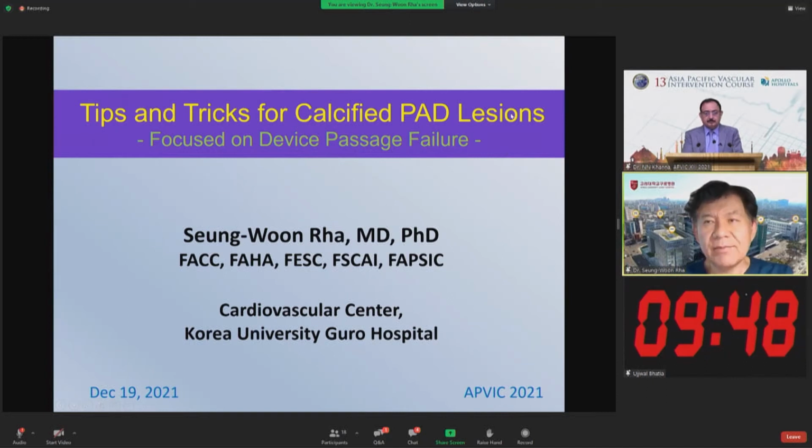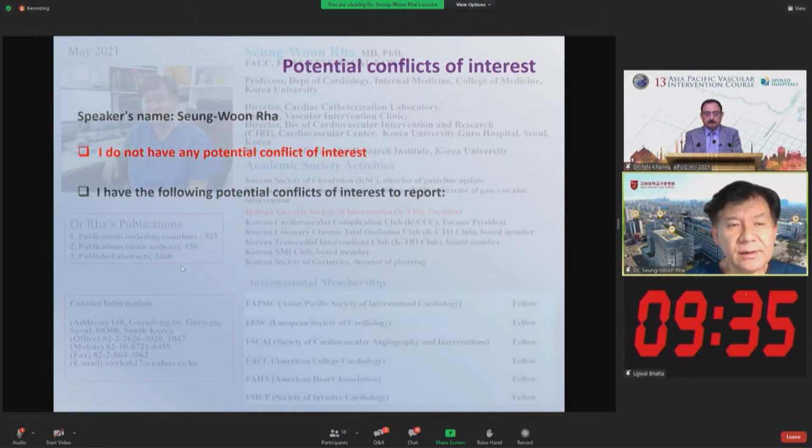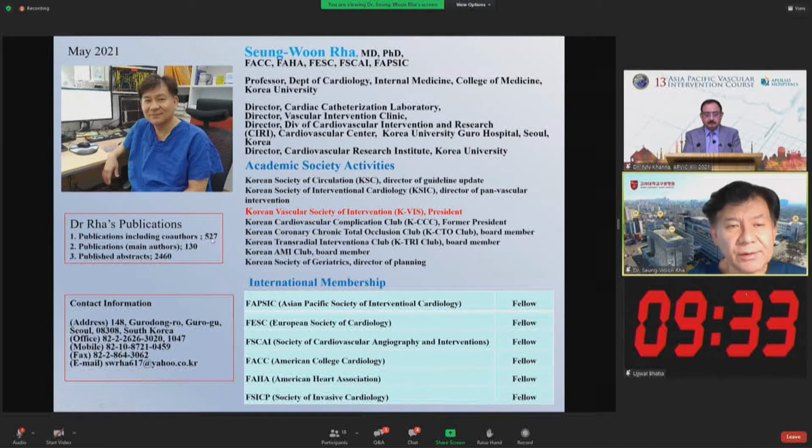I think that, similar to coronary work, the calcified PAD lesion must be the number one obstacle for all interventionists. I'm a cardiologist producing many research activities, and I'm in many director roles in our Korean academic society.